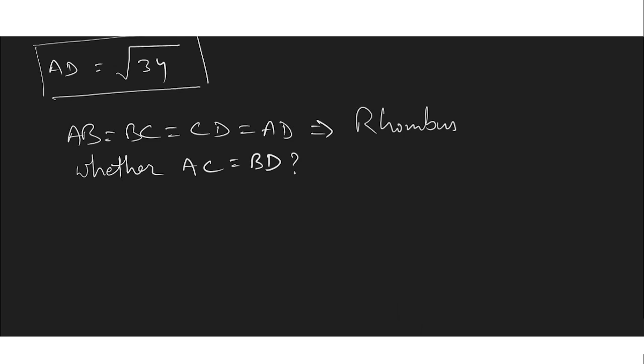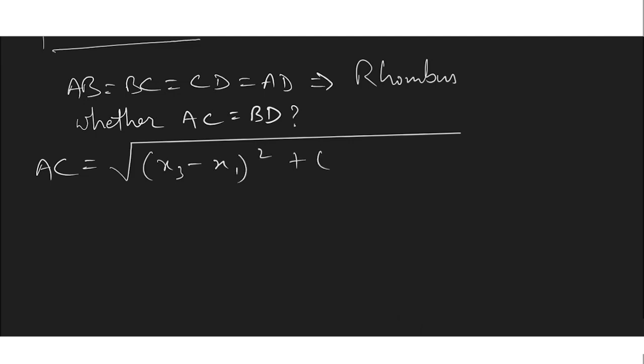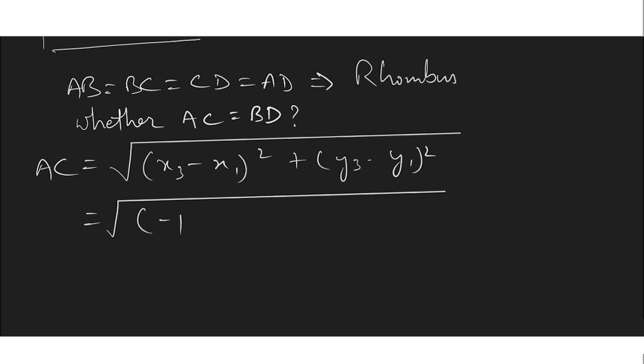So now let's start by finding the length of diagonal AC. AC is equal to square root of (x3 minus x1) whole square plus (y3 minus y1) whole square, which is equal to x3, which is minus 1, x1, which is 1, minus 1 minus 1 whole square plus y3, which is minus 1, and y1, which is 7, whole square.